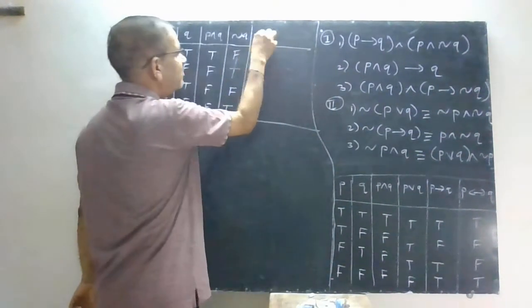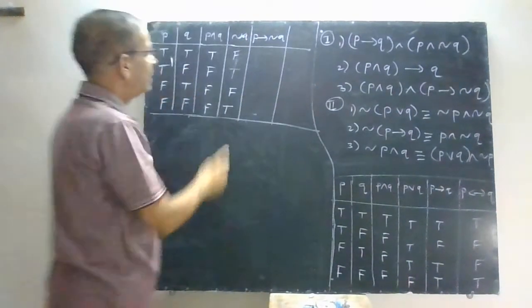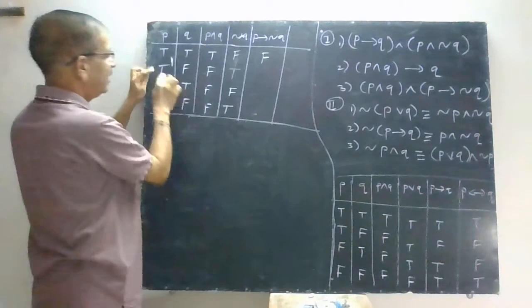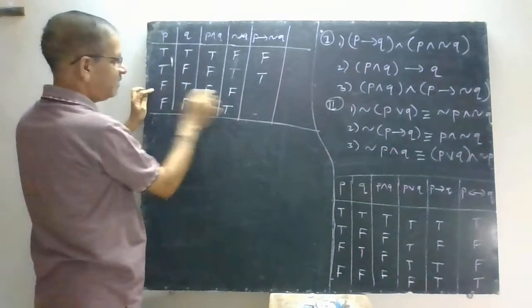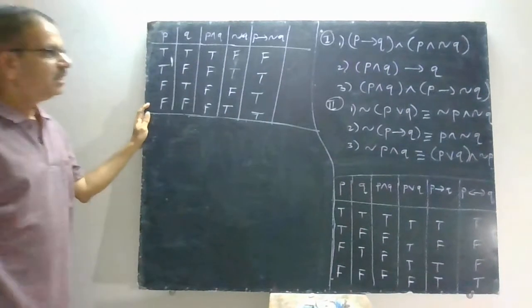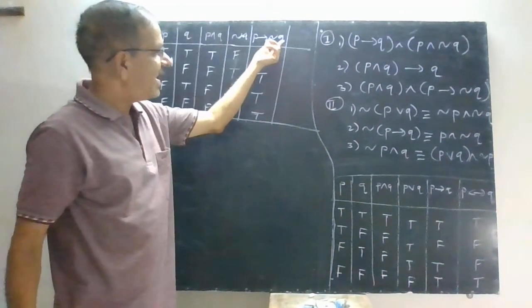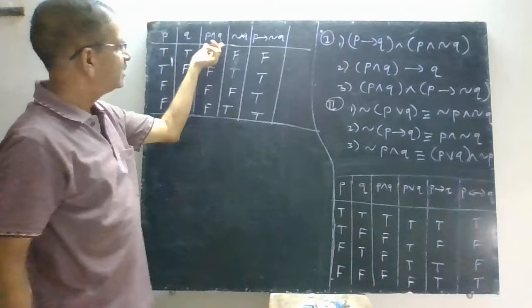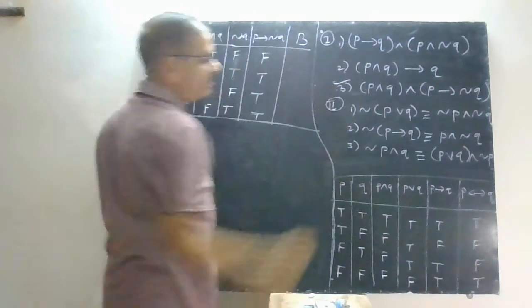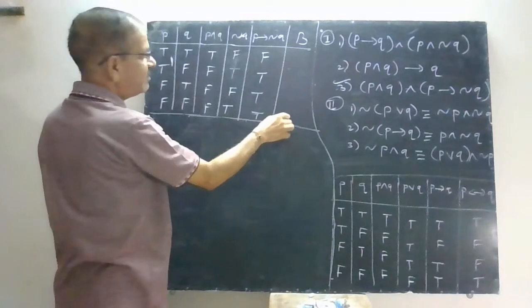So it is P implies negation of Q. Now this column implies this column, T implies F is F, T implies T is T, F implies F is T, and F implies T is again T. Now you have to prepare AND for this column and this column. So suppose this statement pattern is B, then you have to prepare AND.